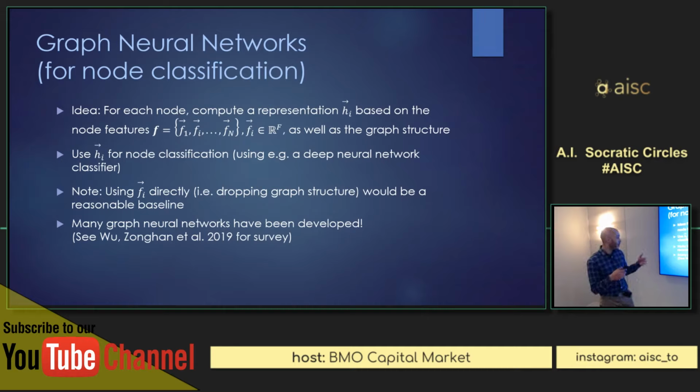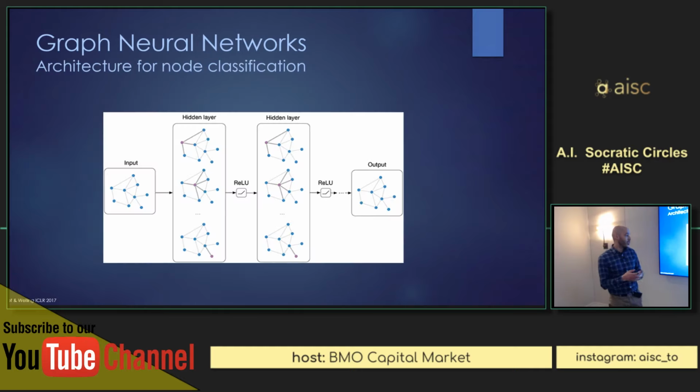And as I mentioned, many graph neural networks have been developed. A comprehensive survey has been recently published, so you can look for Wu Zhonghan's paper, published in 2019. Okay, so this is just like a schema of what I just described. You have an input.